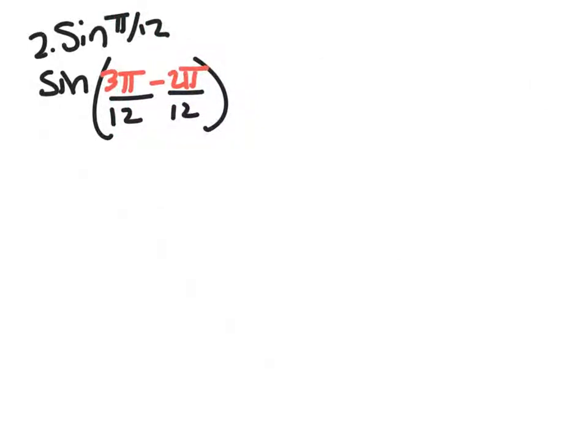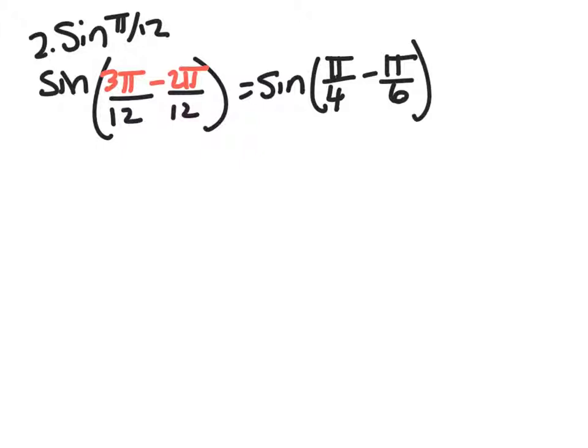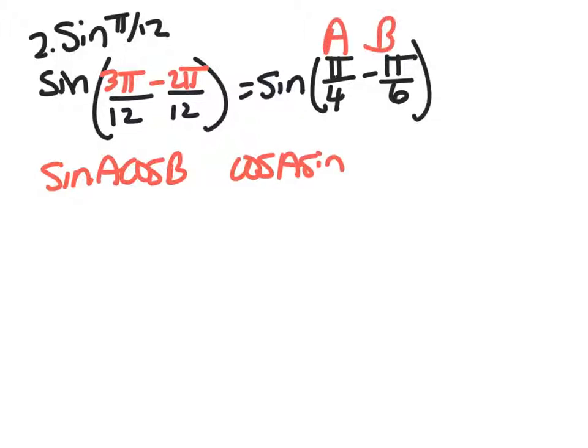And then I'm just going to reduce these. This is sine of pi over 4 minus pi over 6. And again, try to use the smallest things you can. If they're in the first quadrant, it's easier to work with them. So that's going to be sine, cosine, cosine, sine, with this being A and B. And on sine, if this is a minus, then there's going to be a minus here.